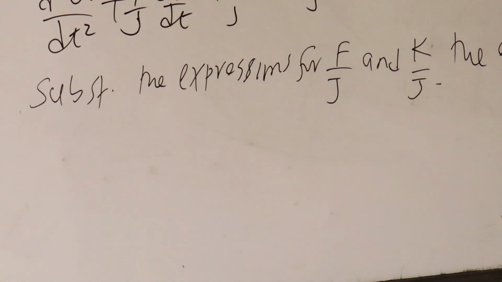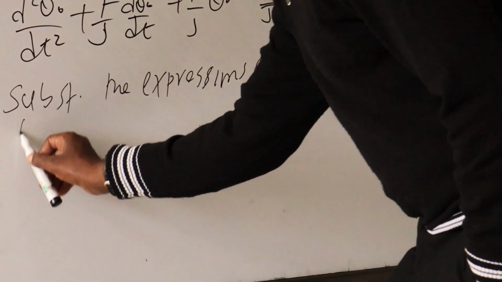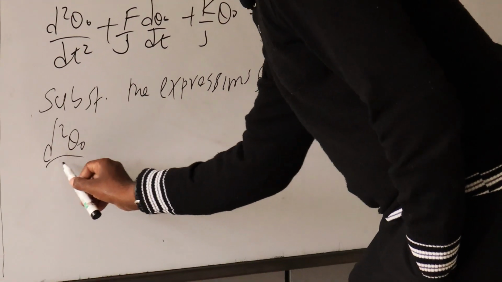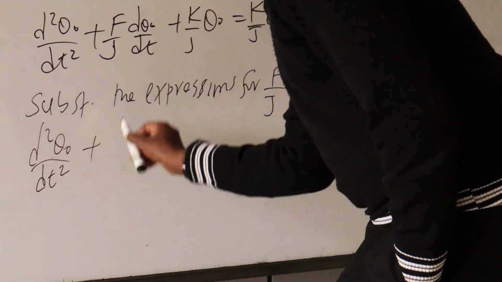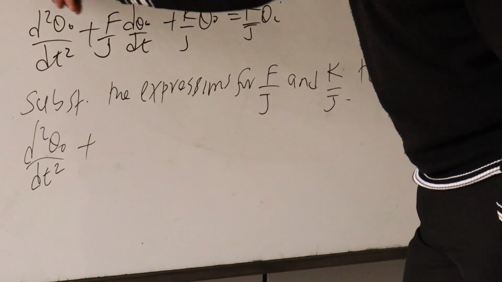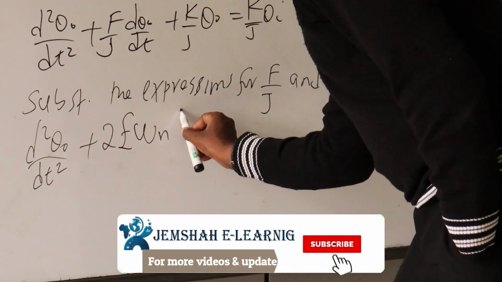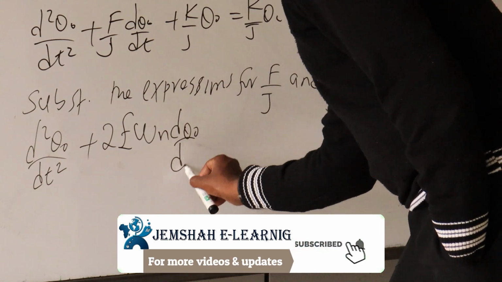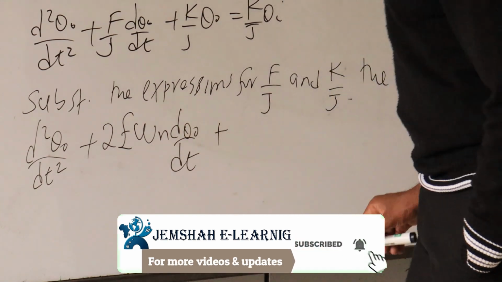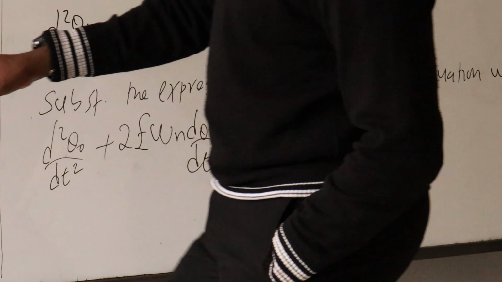d squared theta naught over dt squared plus F over J, which we can see is 2 zeta omega n, d theta naught over dt, plus K over J. We looked at K over J here.